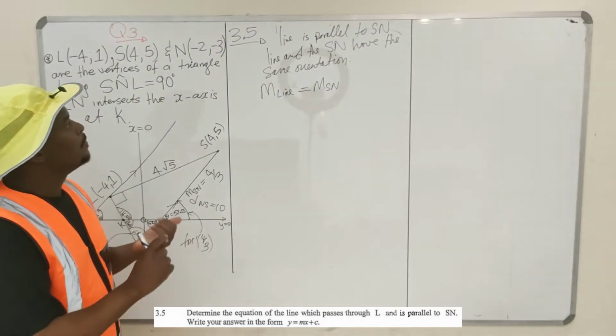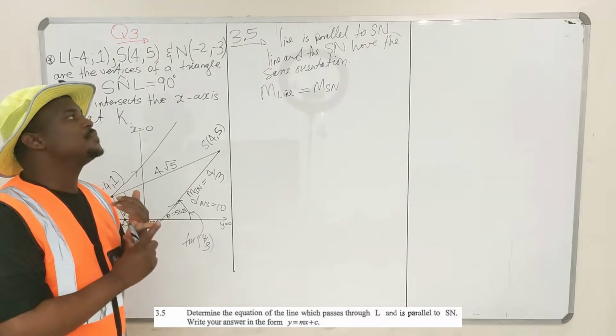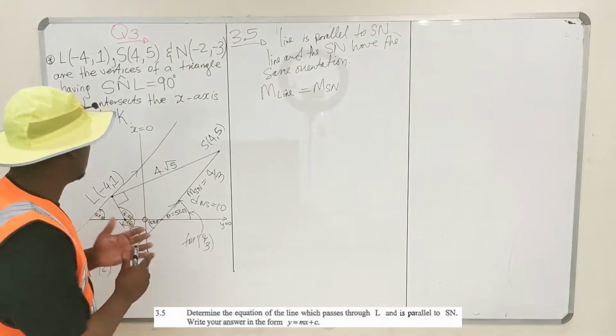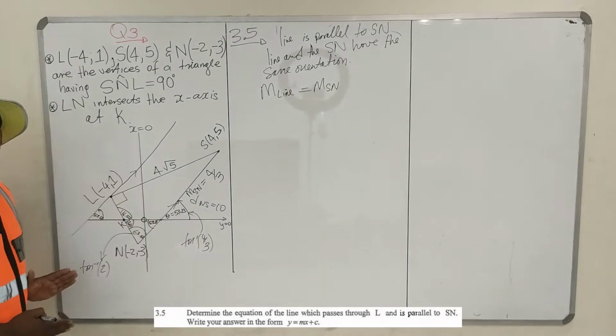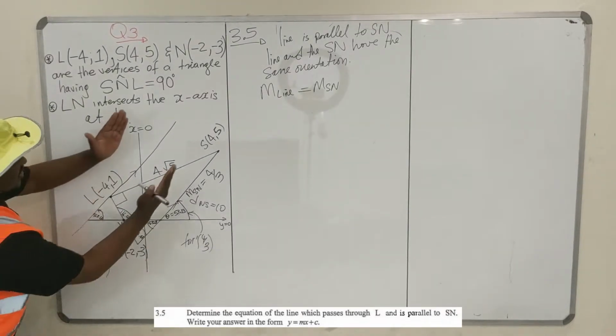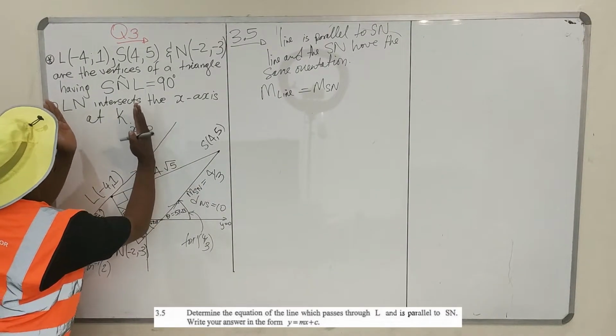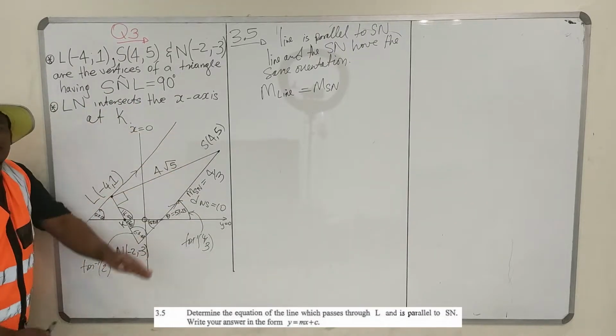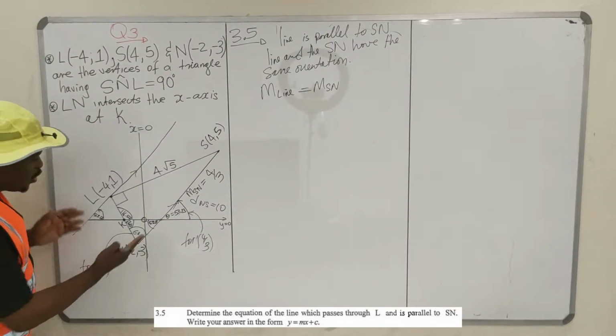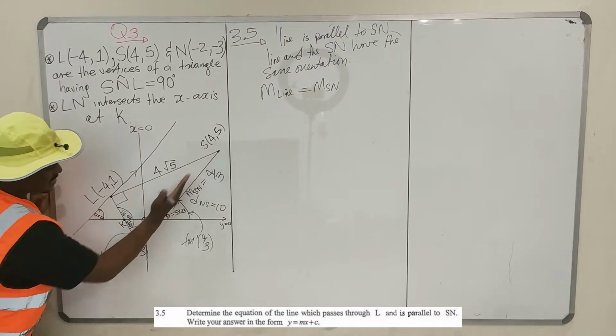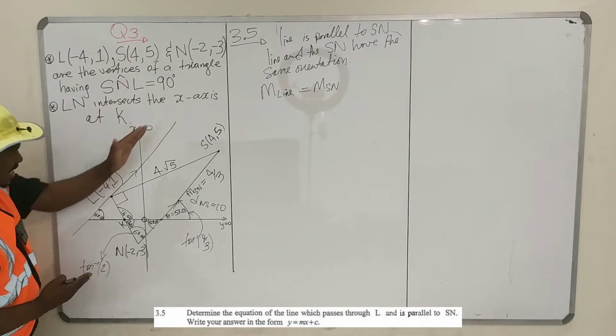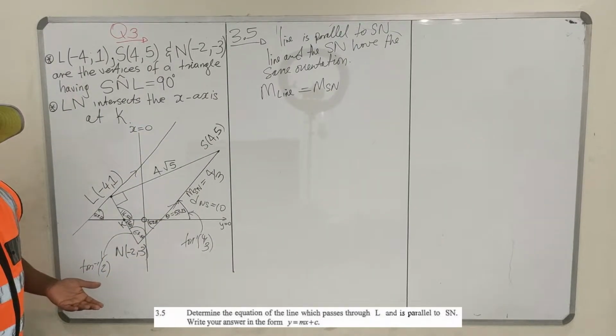This is because if your line is parallel to SN, they have the same orientation. If they're vertical, they'll both be vertical. If they're horizontal, they'll both be horizontal. We know that this one is slanted like this, so the other one should also be slanted in the same orientation.